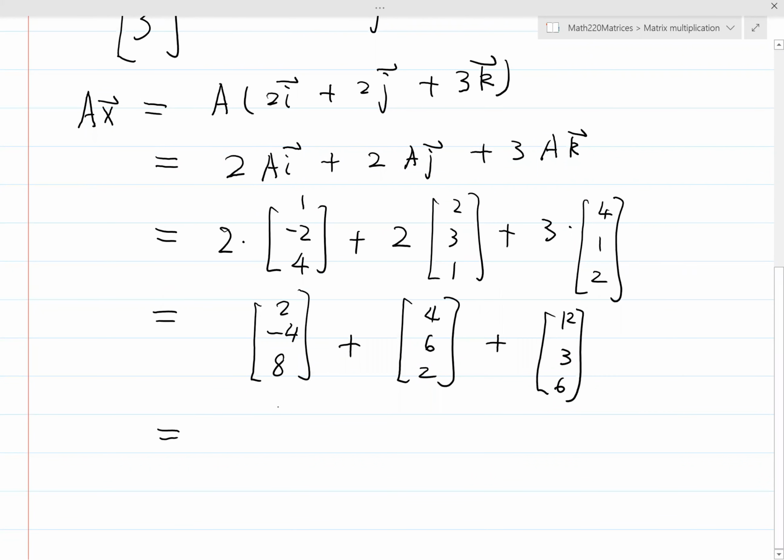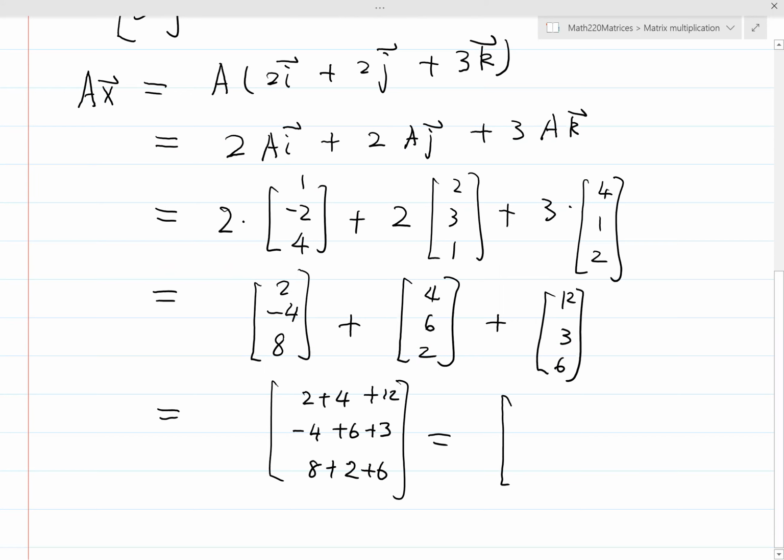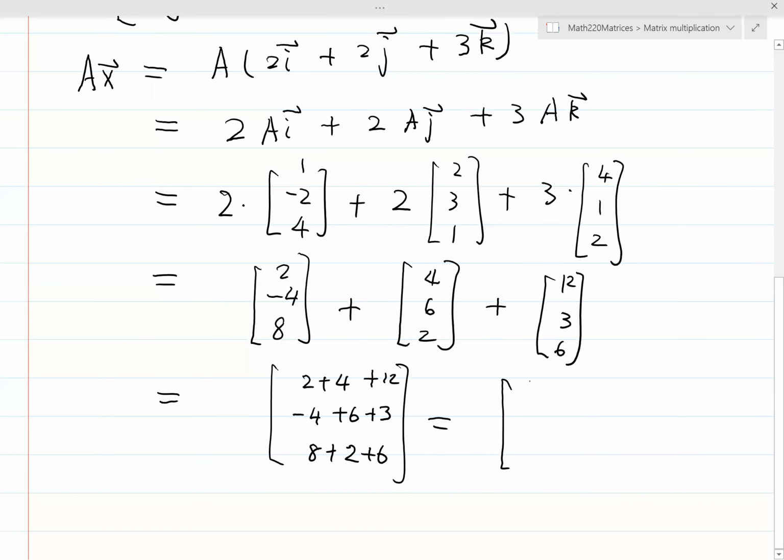So we get an X component, Y component, Z component: 18, 5, 16. Okay, so this is using linear combination of columns.